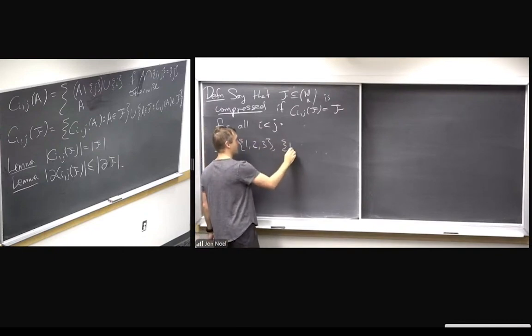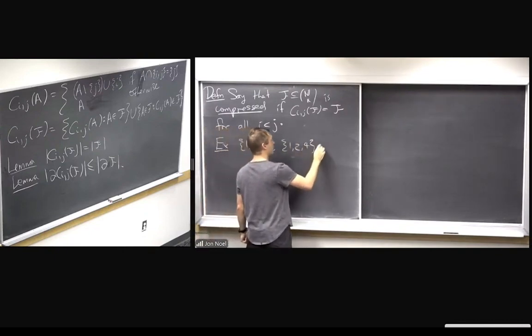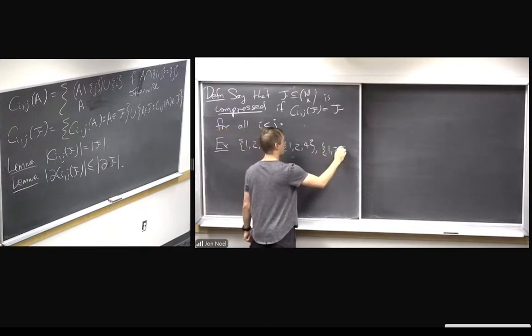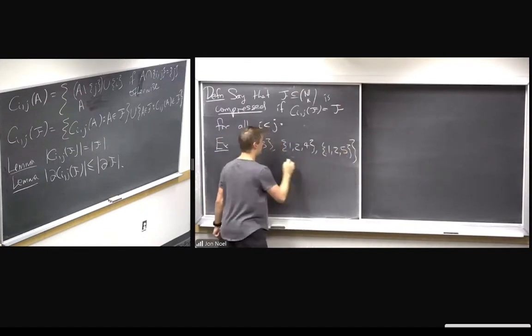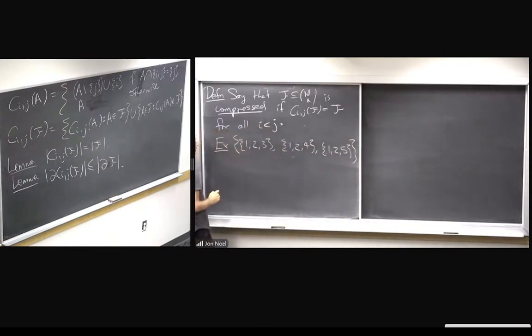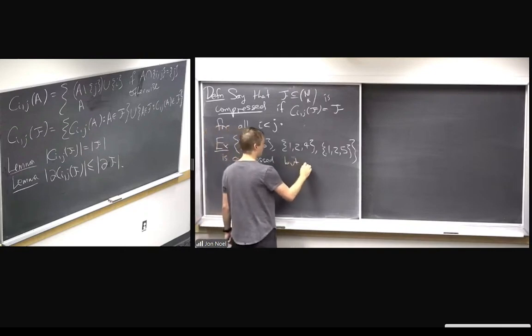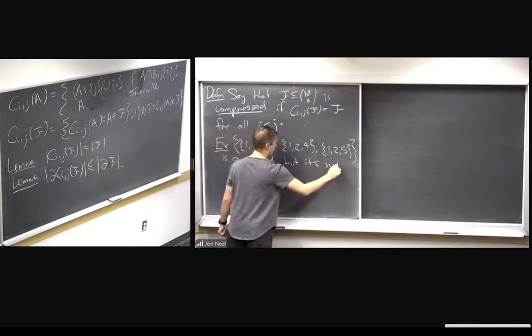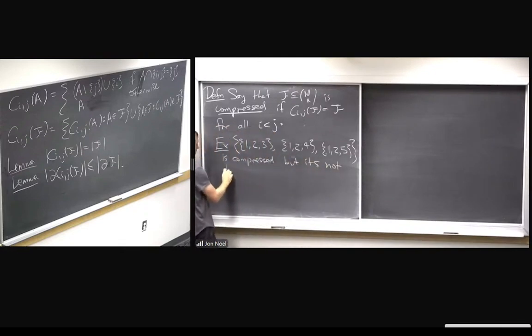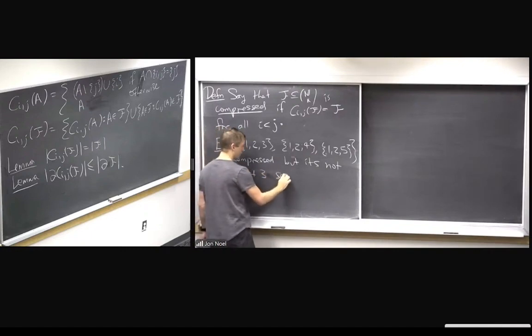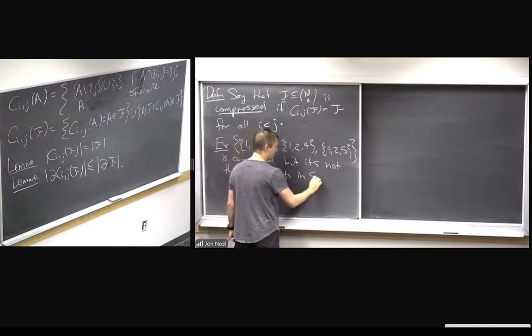Take the sets {1,2,3}, {1,2,4}, {1,2,5} as my family. I believe this is compressed, but it's not the first 3 sets in the colex order.